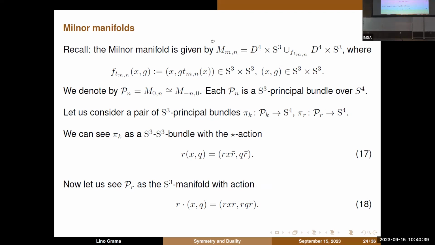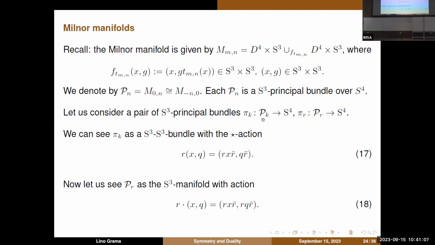We denote Pn this (0, n), which is equivalent to (-n, 0), and this Pn is a principal bundle over S4. In fact, this is a result: Pn is principal if and only if these are the unique Milnor bundles, the principal Milnor bundles. All the others are not principal.